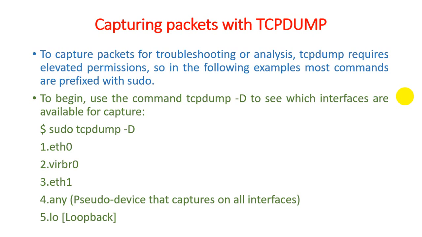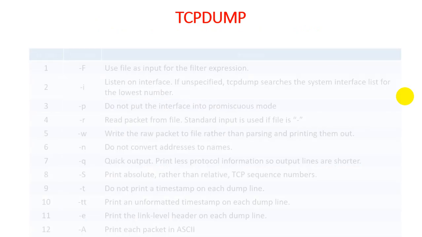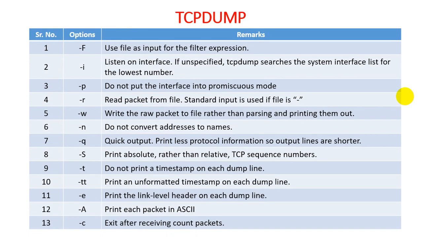Now we study the different options available with TCPdump. There are 13 options. It is a limited set which we discuss, or we need to remind ourselves of the really important things, but there are lots of options available instead of these 13. We are just discussing the important ones on this particular slide.